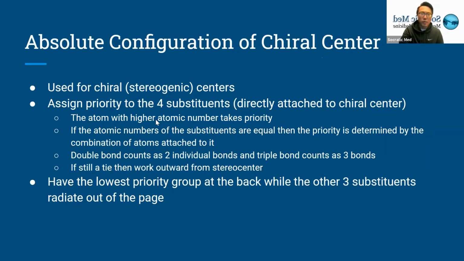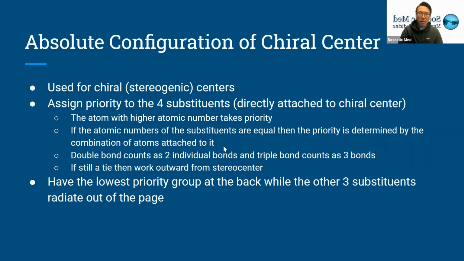So when considering priority, you assign the atom connected to the carbon with the highest atomic number the highest priority. So usually the bigger atoms attached directly to the chiral center will be given higher priority. So you assign it the highest priority. Usually I signify that as 1. So I would give 1 to the atom with the highest atomic number.